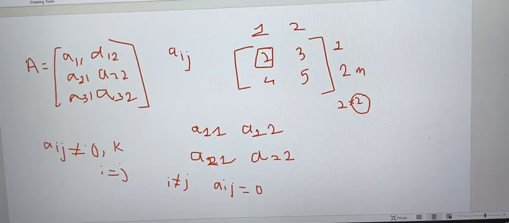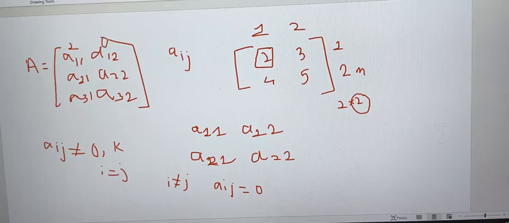Now see this matrix, for example: first row, first column, i is equal to j. So should it be 0? No, it should be some number; 2 should be there. Next, here i is not equal to j, so this should be 0.